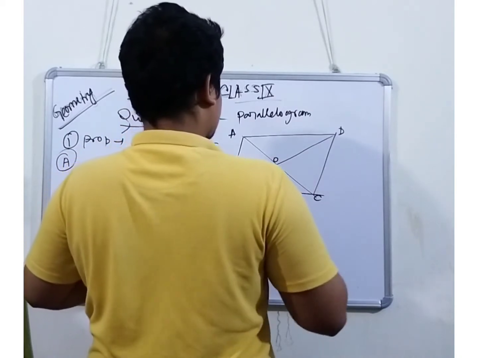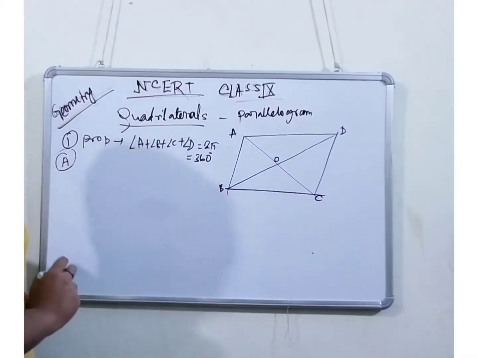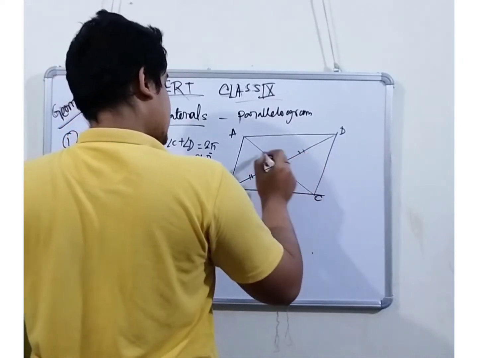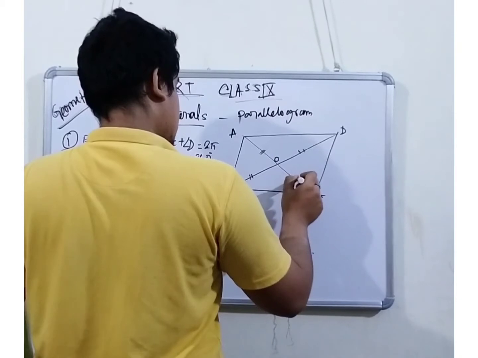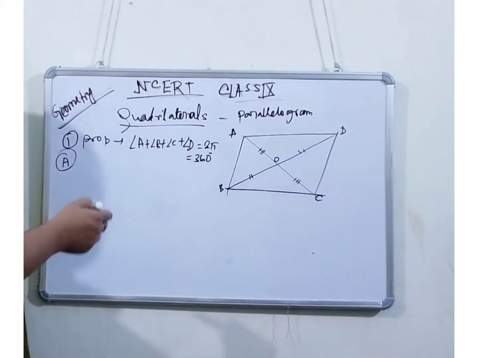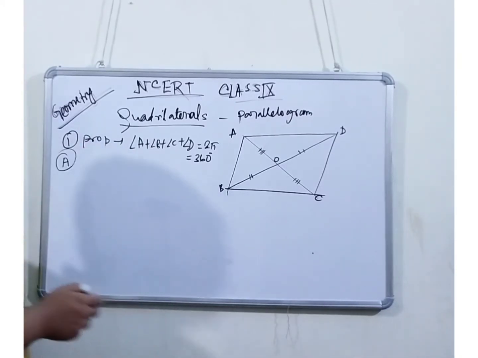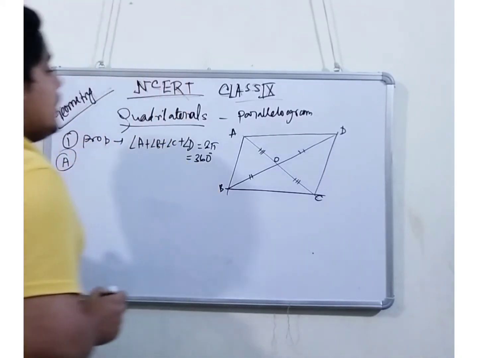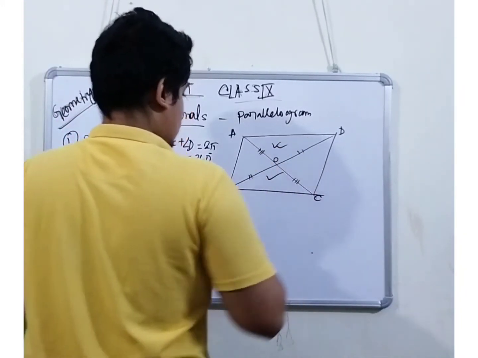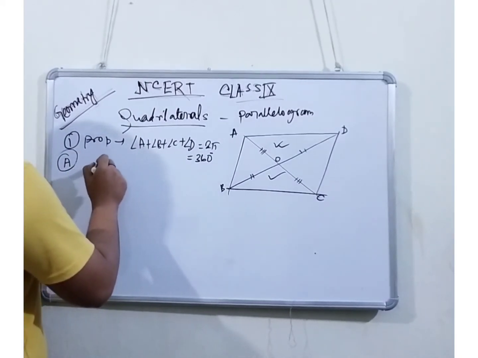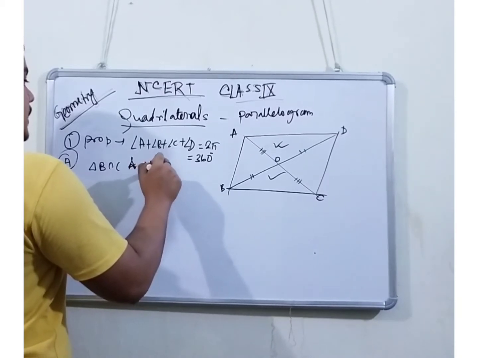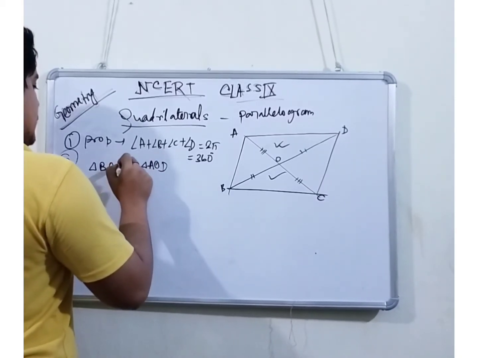The next theorem is, if in a quadrilateral the diagonals bisect each other, then it should be a parallelogram. The opposite theorem of the previous one. So what can I say after that? Let's take two triangles here, triangle BOC and triangle AOD. And let's see what we can say from that.